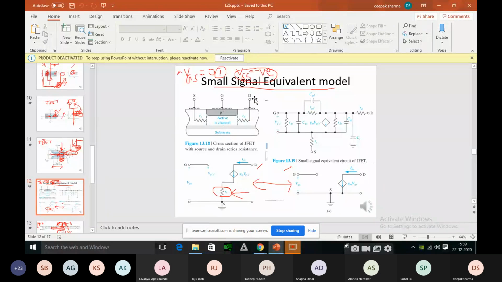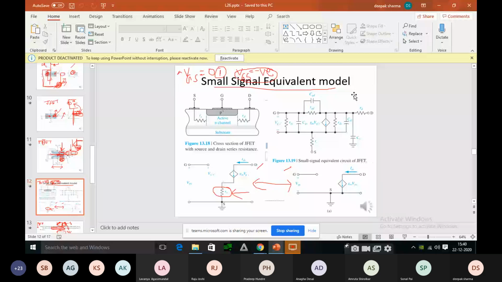First, you write down what is the meaning of small signal equivalent model. Before that, you can even write what is an equivalent model. An equivalent model is a combination of circuit elements chosen properly, which describes the behavior of the component.